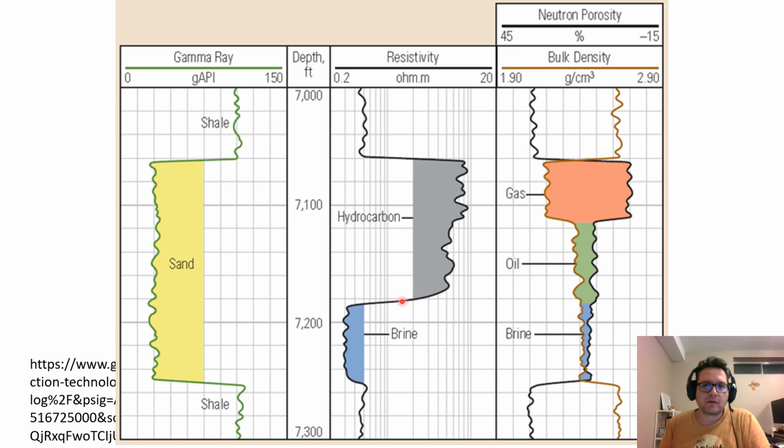One thing that I wanted to talk to you about resistivity is that the lower the resistivity, the higher chance we have of being in brine. Fresh water would give us a similar response to oil in resistivity, so we need to be aware of that.